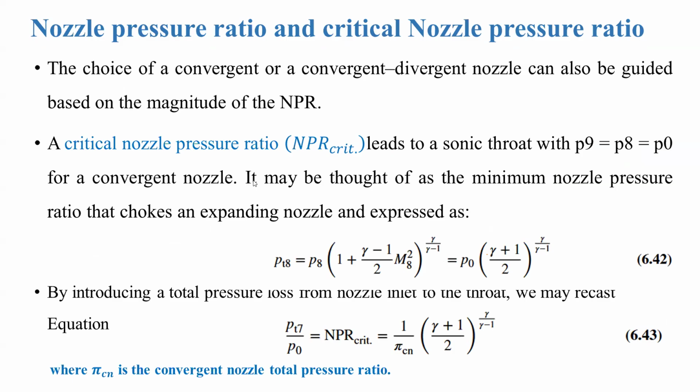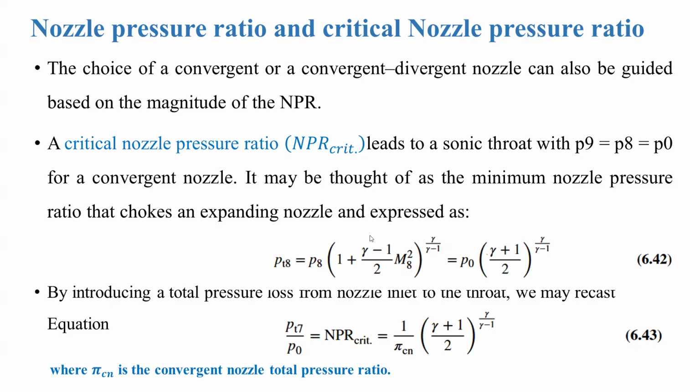For a convergent nozzle, it may minimize the nozzle pressure ratio. So PT8, the stagnation or total condition, is equal to P8 times 1 plus gamma minus 1 over 2 M8 squared, to the power of gamma over gamma minus 1.